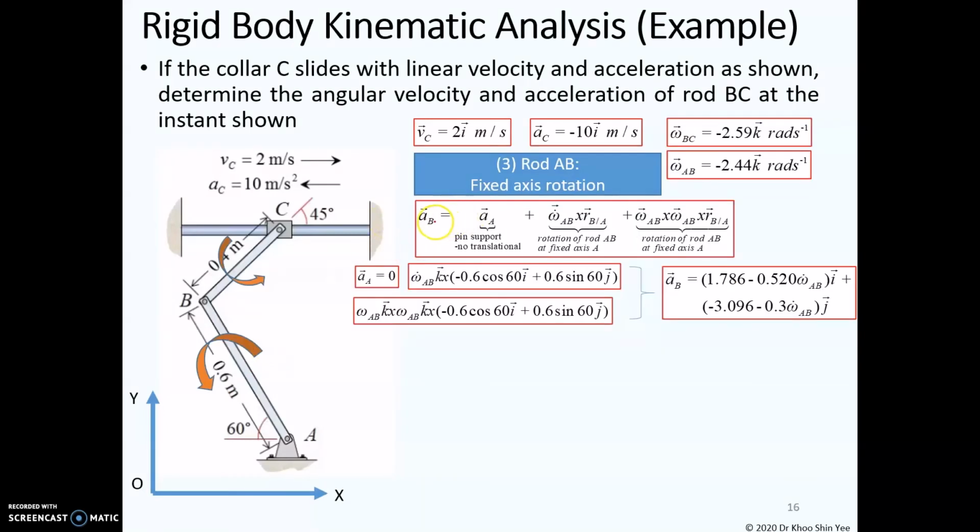In terms of the acceleration for the rod AB, we know that the acceleration at point A here is equal to 0. Omega dot AB is unknown, and we assume it to be here in the k direction. So we just substitute inside.